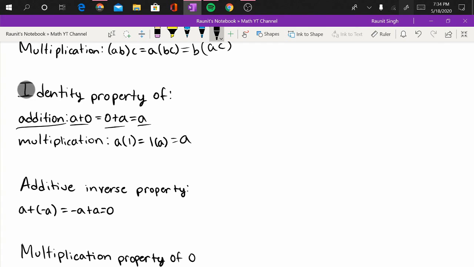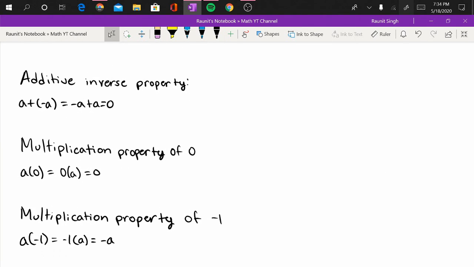So now we're going to be talking about the additive inverse property. It's only for addition. The additive inverse property is basically saying what number can I add to this number so that it results in 0. And basically what you have to do is take the negative of your number that you have here, and then you get 18 minus 18 is equal to 0.